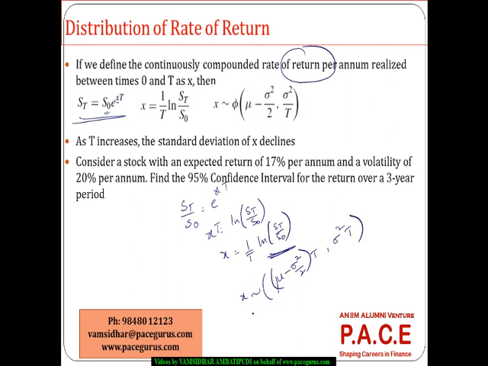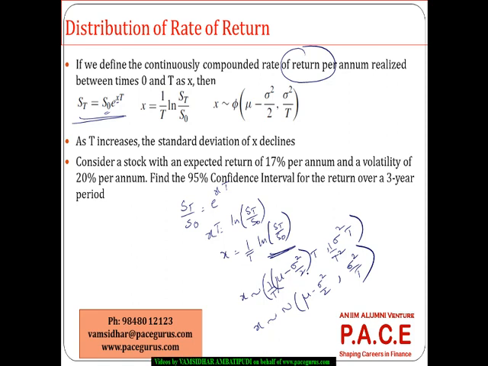Now for x, it has to go with 1 by t, and even the variance I have to take as 1 by t squared. So x will follow a normal distribution with mean mu minus sigma squared by 2 and variance sigma squared by t.